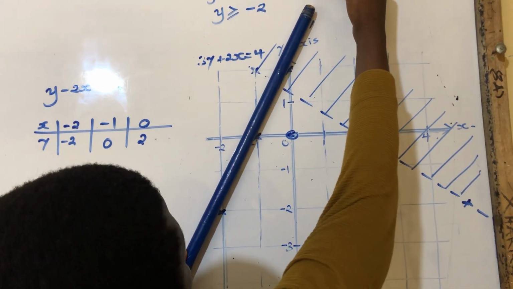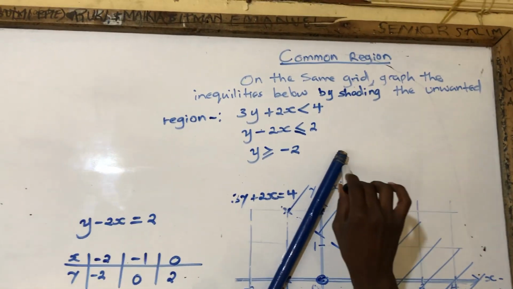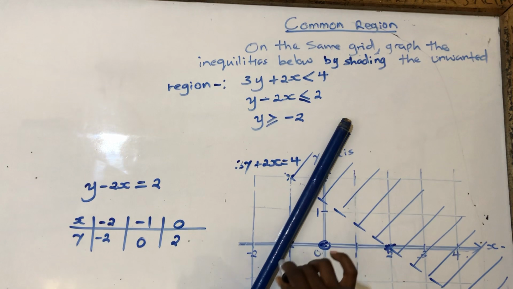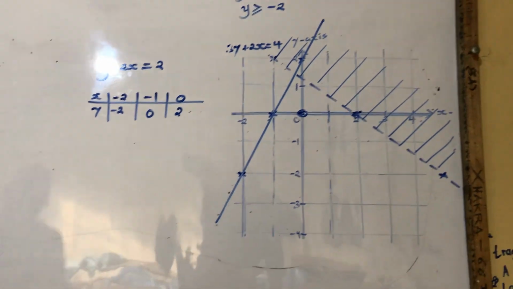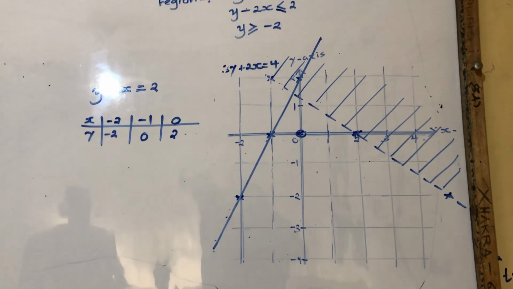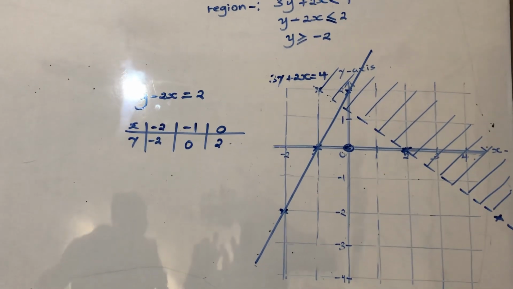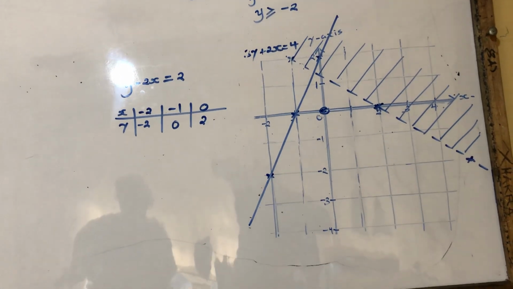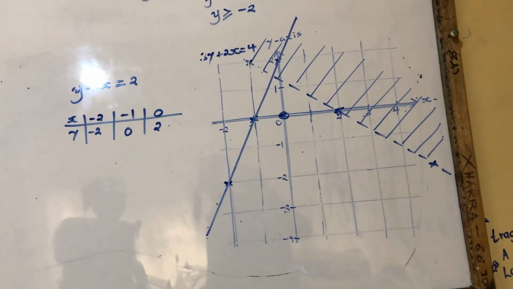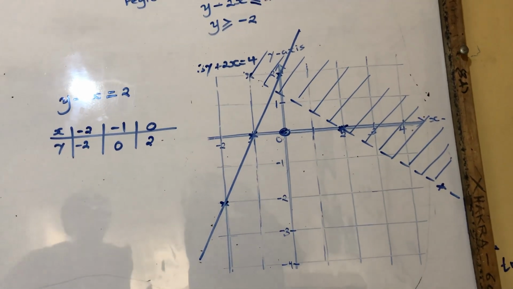Do take note, because of the inequality symbol I have here, we will use a continuous line. What is the next business? The next business is now to decide which region is unwanted, or which region we are going to shade.